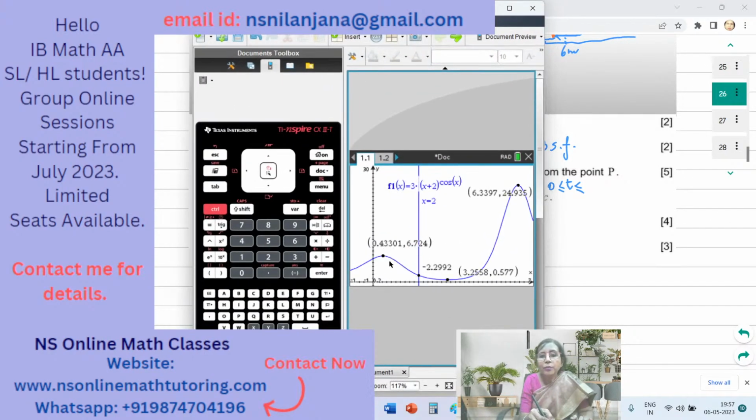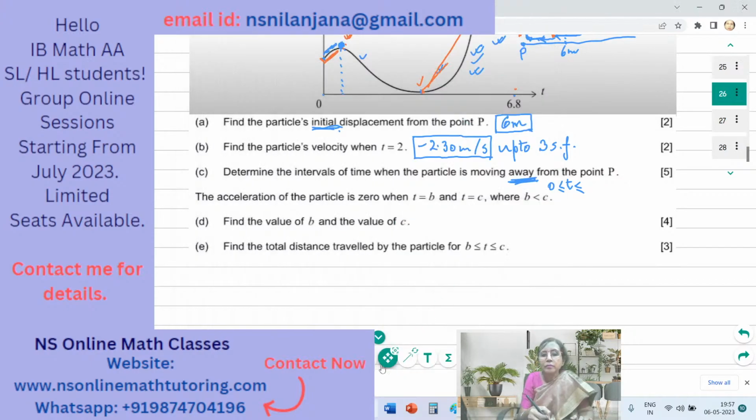It is 0 to 0.433. This is one of the intervals. And, sorry, I have put this equality sign, which I should not be putting.